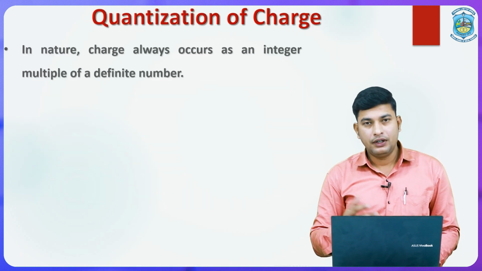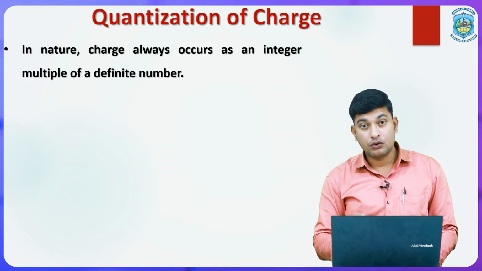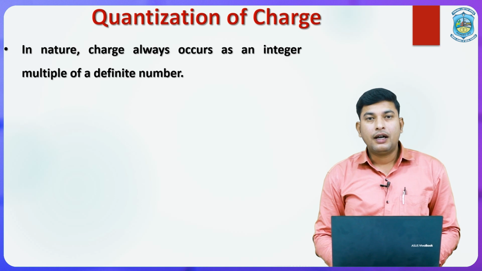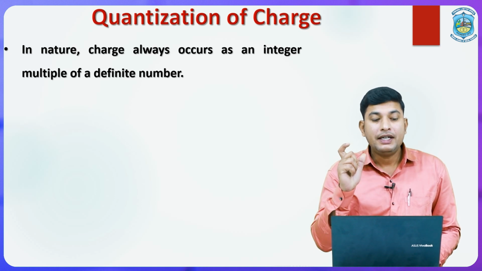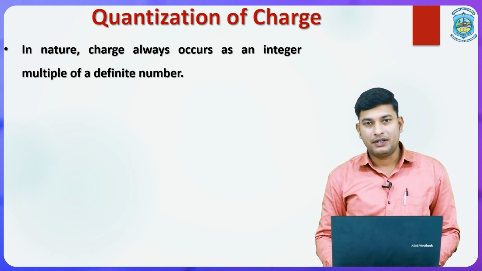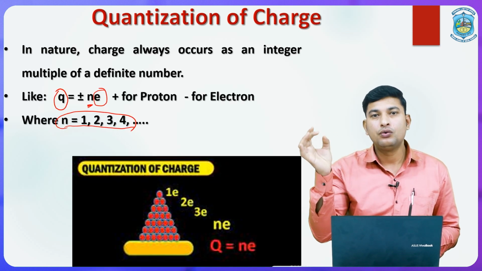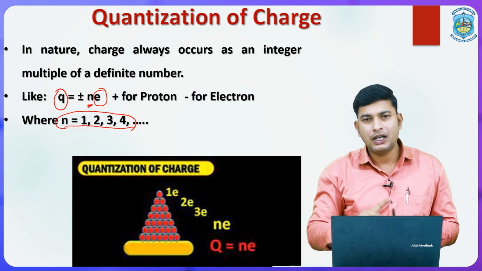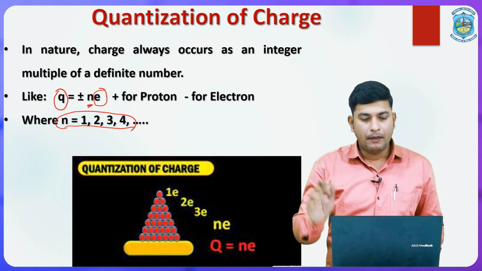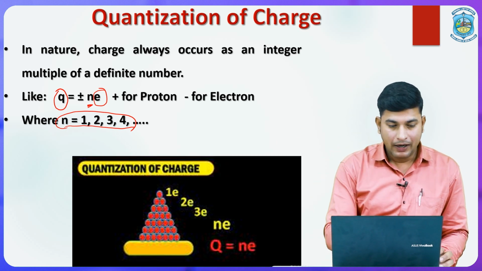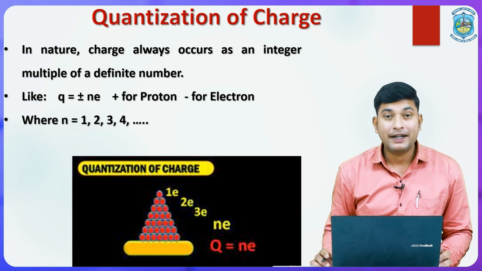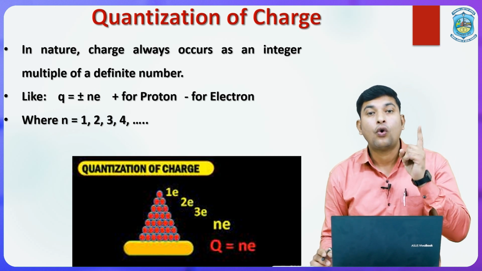Now about the quantization of charge. The word quantization means the charge is always an integer multiple, an exact integer number 1, 2, 3, 4, 5, whatever the amount of rubbing we are doing. So always we will have an equal number of particles, quantized particles.